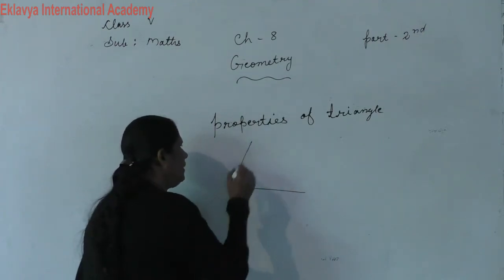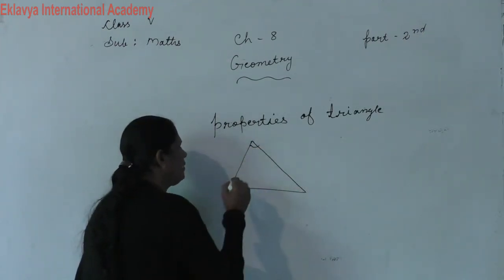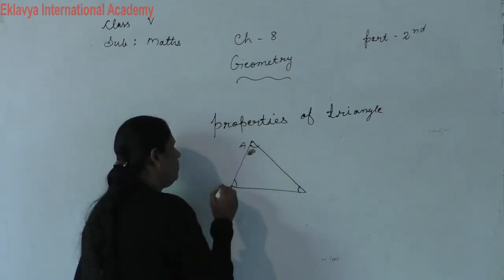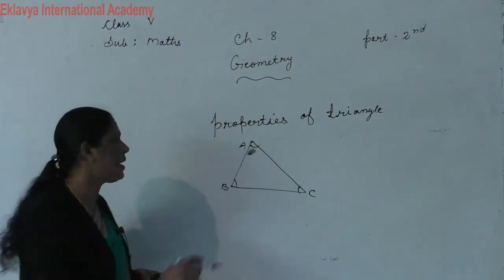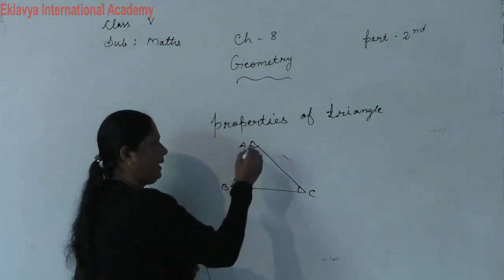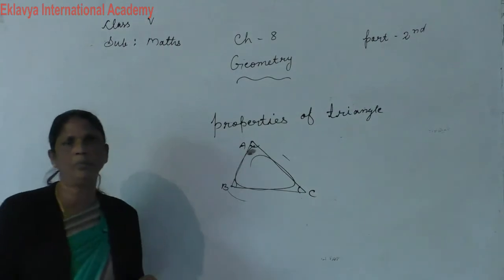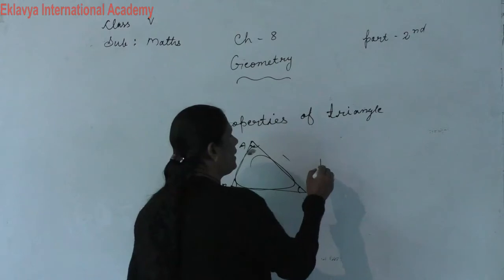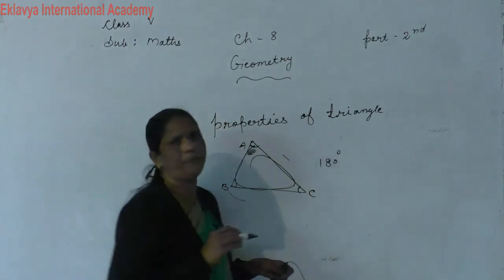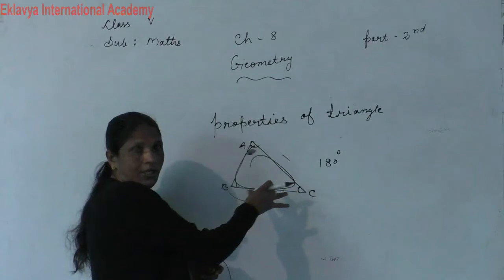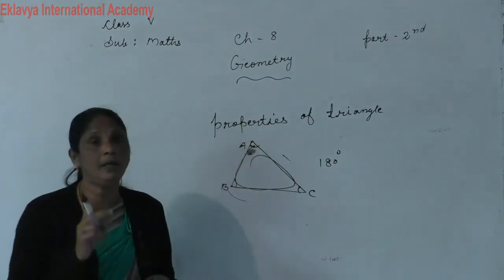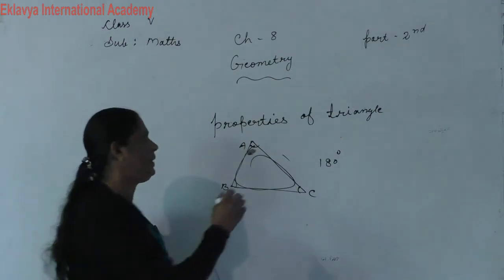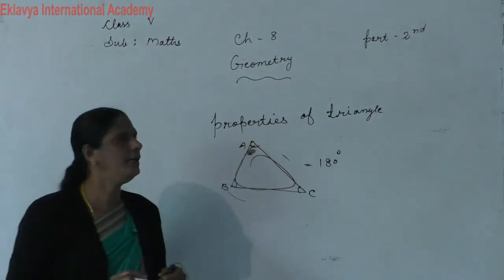This is a triangle with three angles A, B and C. The sum of all interior angles of a triangle is 180 degrees.